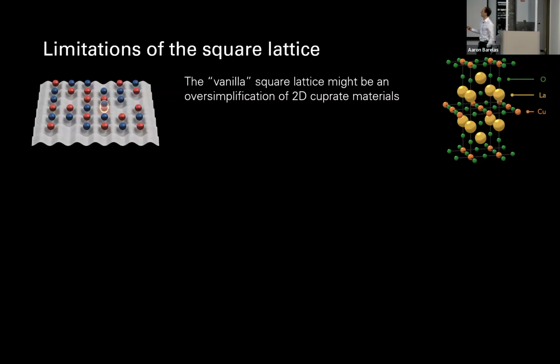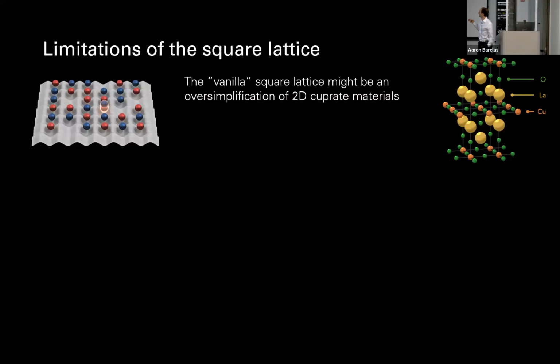Okay. So I've told you so far about the square lattice, where cooling down atoms to very low temperatures translates into, let's say, an antiferromagnetic spin order. It turns out that this vanilla square lattice might be an oversimplification of actual 2D materials.